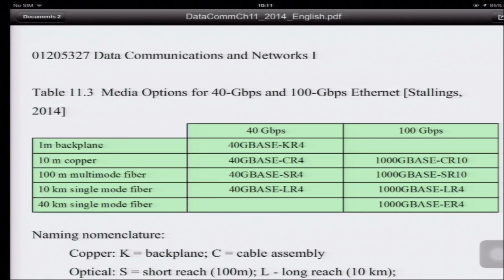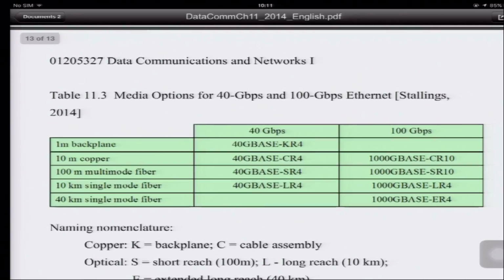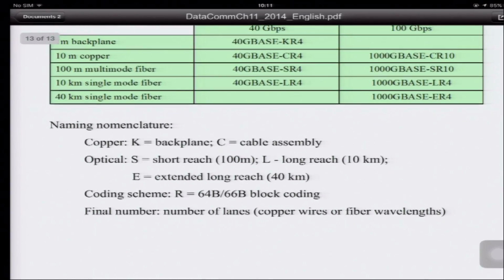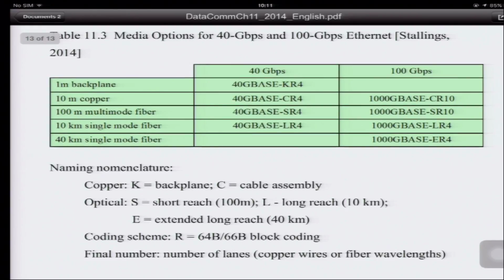It should be 100G. I think there's a typo here in 100GBASE-ER4. This is from the Stallings book. Anyway, you have short reach, long reach, and extended long reach, and the coding scheme is 64B/66B block coding.